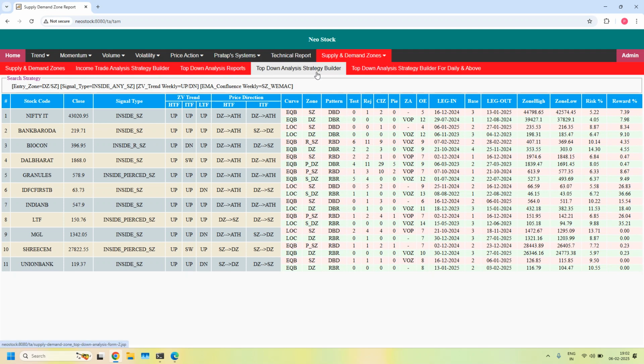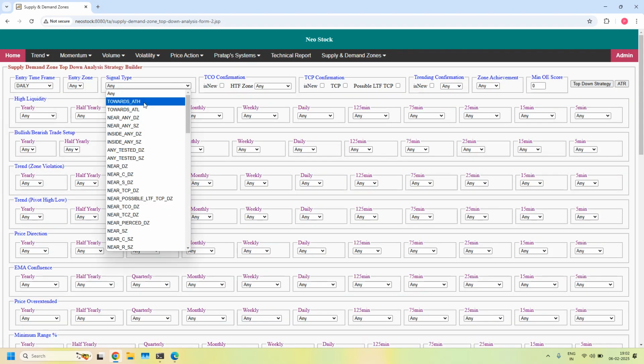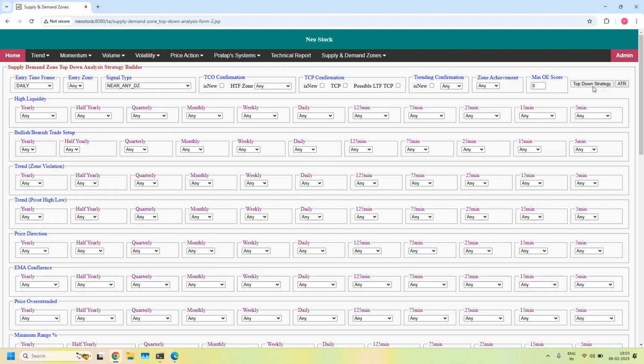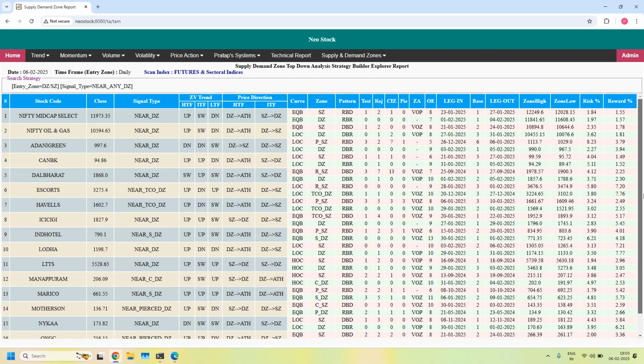Next time frame is a daily. Entry time frame daily. Let us find the stocks near daily demand zone. We got 17 stocks. Let us identify high liquidity daily demand zones from this list.